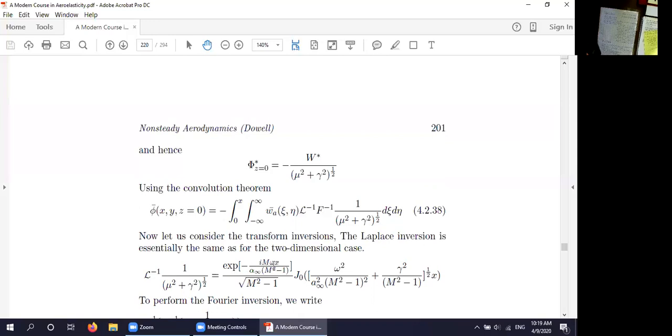There's this exponential factor, there's the square root of Mach number squared minus 1, and there's a Bessel function, except the argument of the Bessel function before was just this first collection of terms, but now it has an additional contribution due to the Fourier transform variable with respect to the span-wise coordinate. So this is almost what we had before, but not quite.